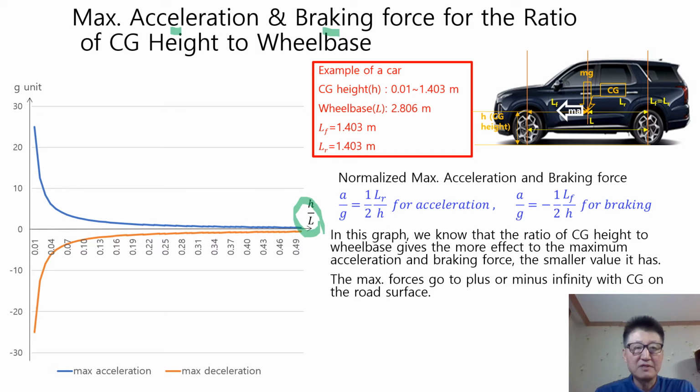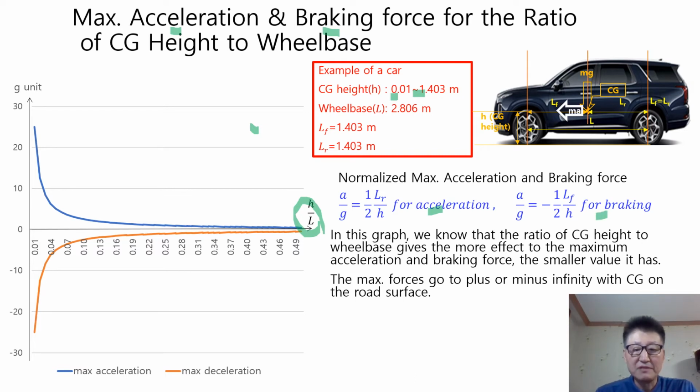In this graph, CG height varies from 0.01 to 1.43 meter. Accordingly, the ratio of CG height to wheelbase varies from 0.03 to 0.5. Then we can make this graph. The same equations will be used for drawing, for acceleration and for braking.